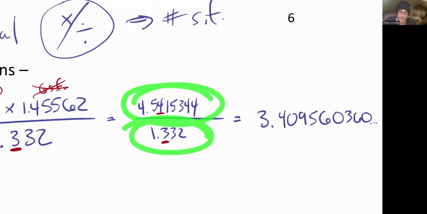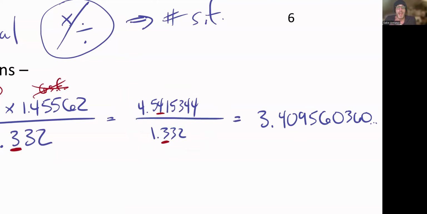So here are my two numbers, and now I'm dividing, so I'm interested in the number of sig figs. How many sig figs does the top value have? It has 3 sig figs, because it would have been rounded to 3 sig figs. It has a bunch here, but those are not the relevant ones.